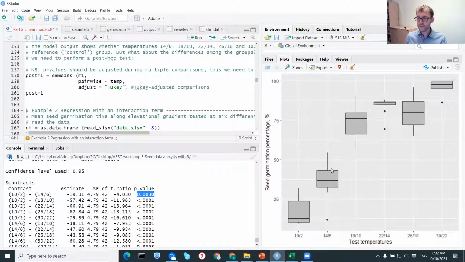That germination percentage at temperature 14.6 is significantly higher than germination percentage at the temperature 10.2. Right, and then you compare 10.2 with 18.10 and so on and so forth. Does it answer your question? Yep, thanks heaps.